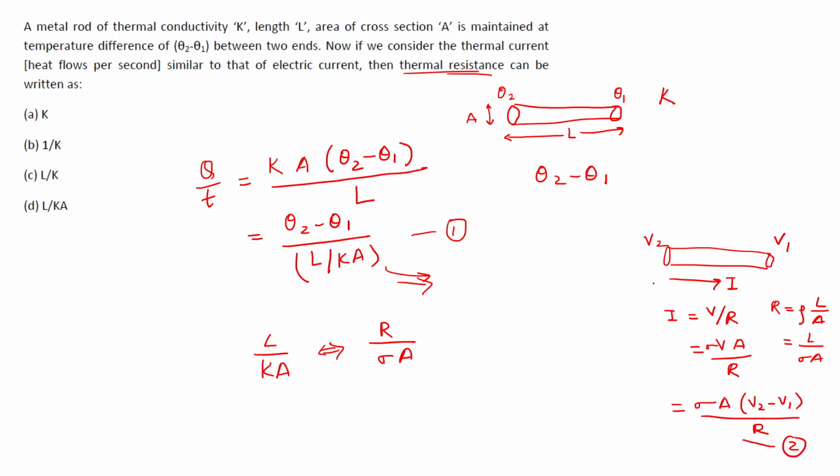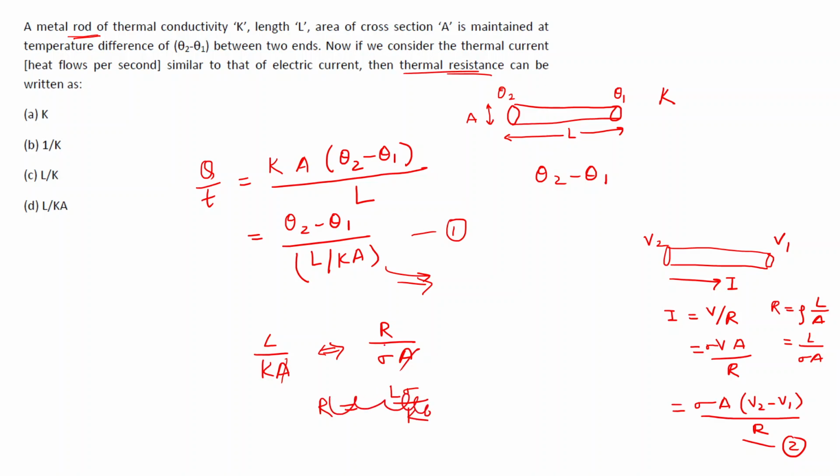If we are considering, because it's given a metal rod, if we take it cylindrical, and the wire also cylindrical, then the question of area of cross section comes, and in that case I think we can say resistance is L times this, but it's not there in the option.